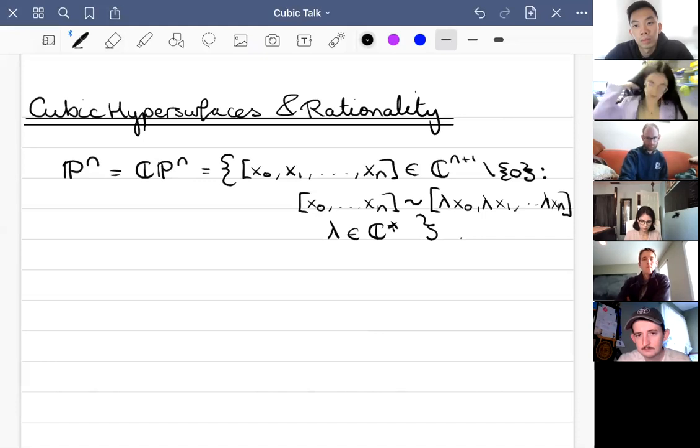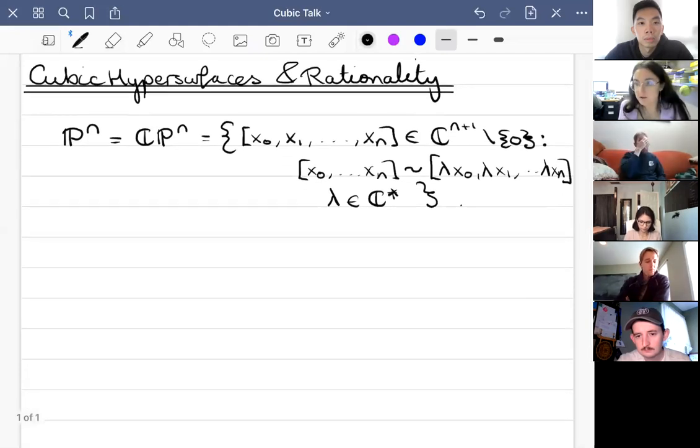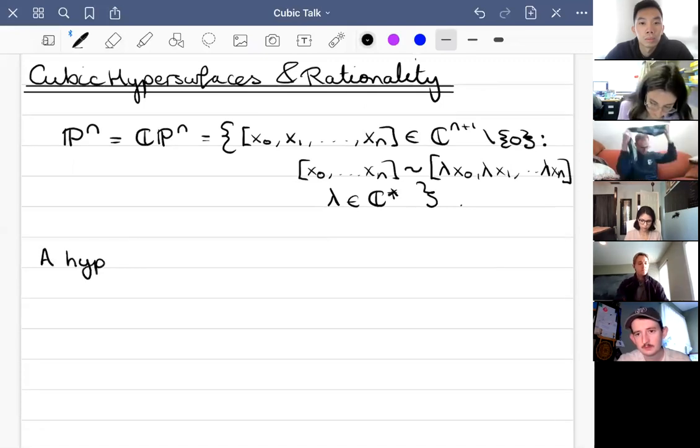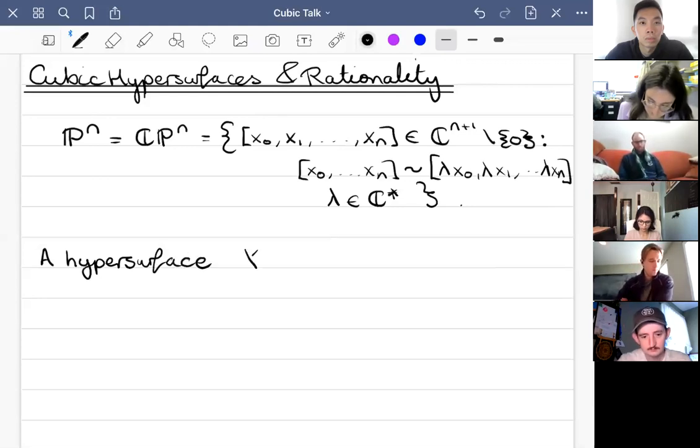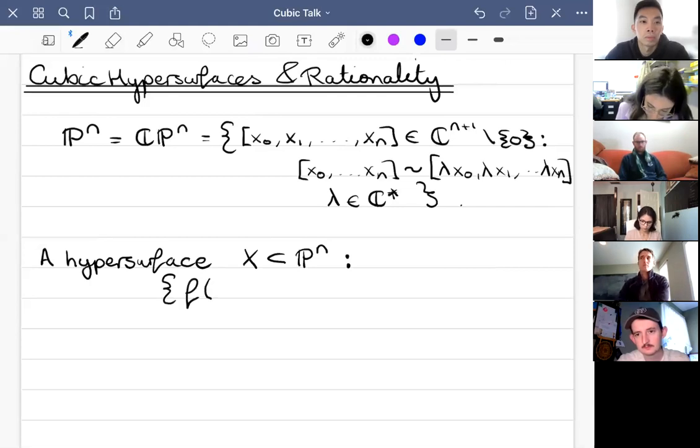Okay. So this should be familiar. Of course, this is a complex manifold. Today we're going to be dealing with hypersurfaces of projective space. So all we need to know is what is a hypersurface. A hypersurface, let's say X, inside of projective space, is just given as the vanishing locus of a single polynomial.